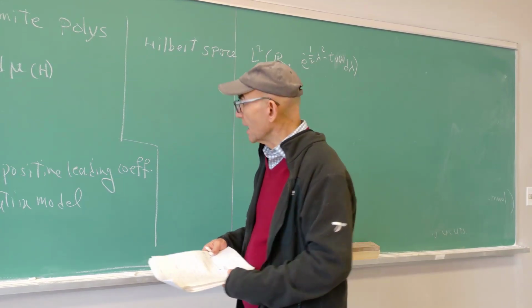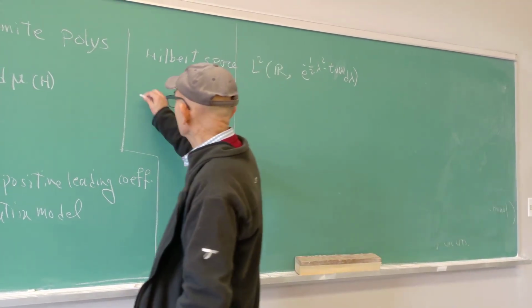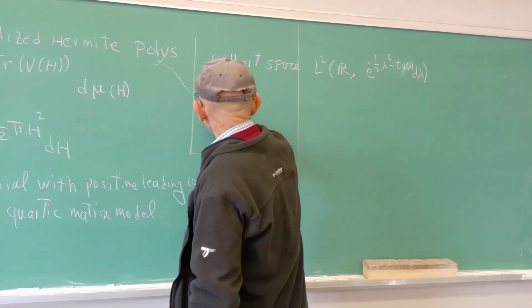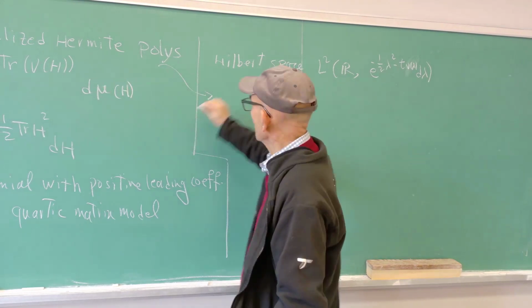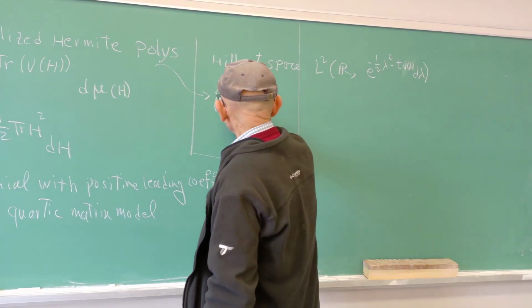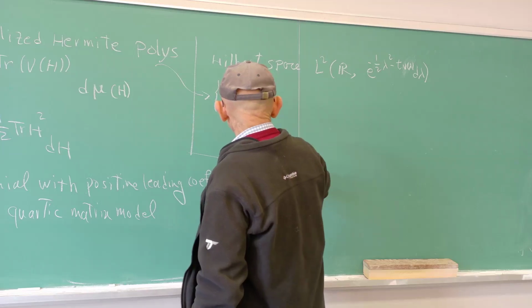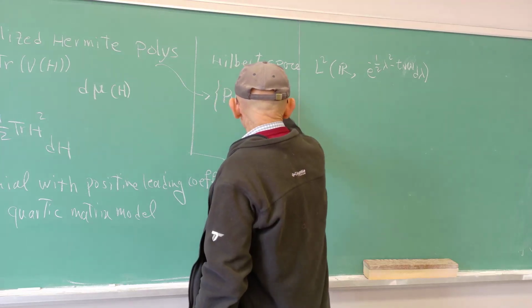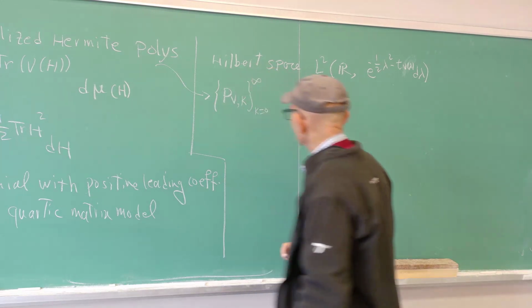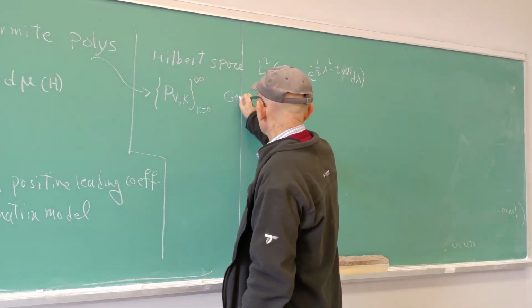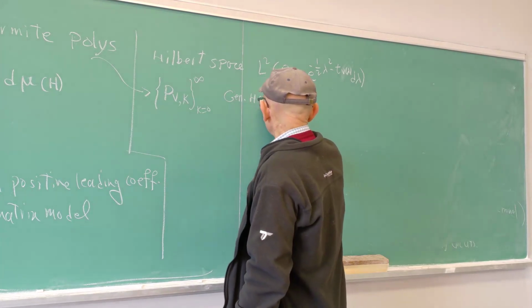Okay, so in this context, we introduced generalized Hermite polynomials. This is a system of polynomials P_{V,k}, k from 0 up to infinity.